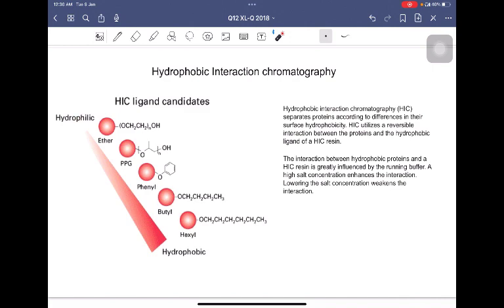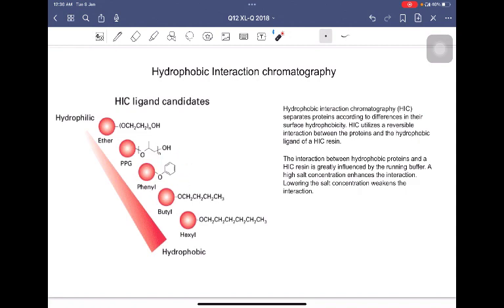They range from hydrophilic to hydrophobic, and if you go down, the hydrophobicity increases. So starting from ether, PPG, phenyl, butyl, hexyl. Hexyl is the most hydrophobic one here. And the one that we're talking about is phenyl sepharose.